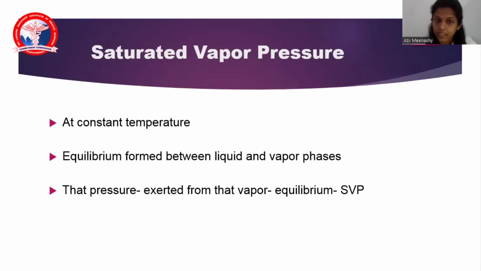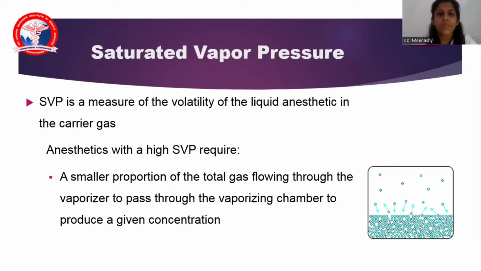Whatever pressure is exerted by that vapor at that time is called saturated vapor pressure. So you need to know saturated vapor pressure is the same as your vapor pressure, but at a constant temperature where there is only 50% liquid and 50% vapor.